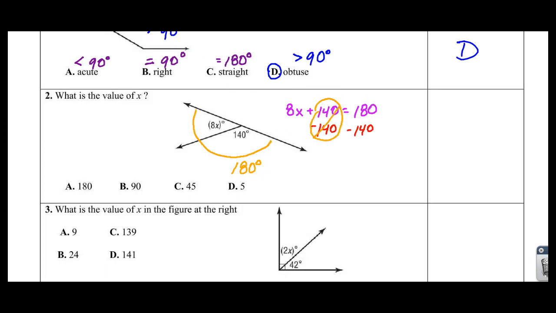And what that leaves us is 8x on this side and 40 on this side. We go ahead, we divide by the 8, divide by the coefficient, so we can see what 1x is, and in this case, 1x is 5, and our correct answer is D.